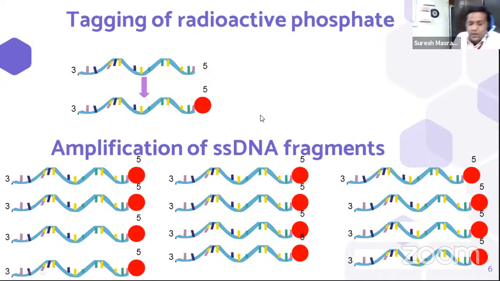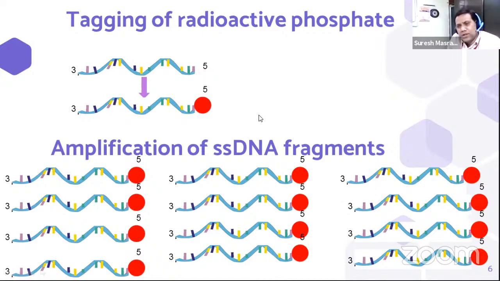Now, during this PCR, the single-stranded fragments are multiplied or amplified in enormous proportion. During this process, single-stranded DNA is put into the thermocycler. Then, to this thermocycler, we add everything which is needed for the replication.